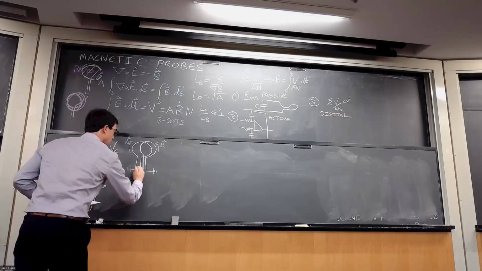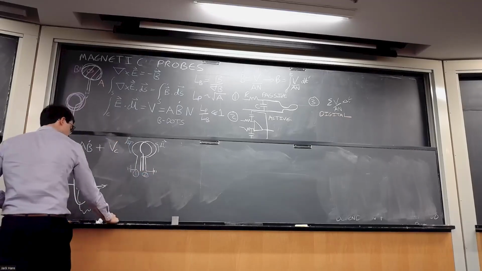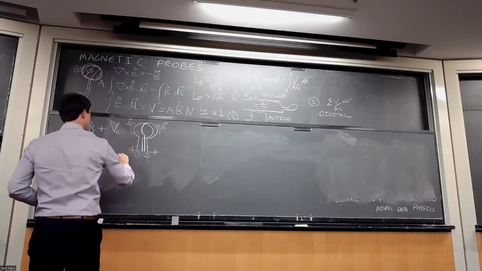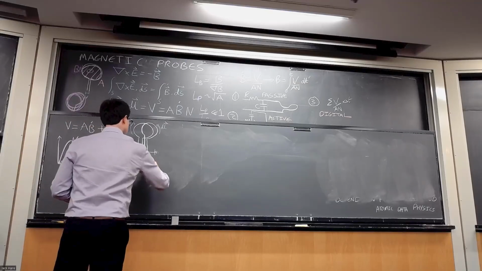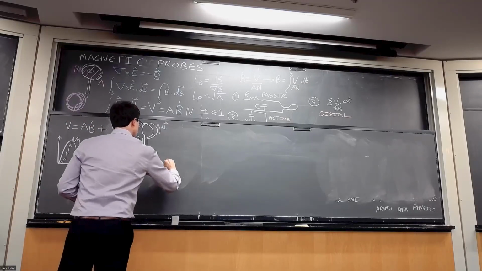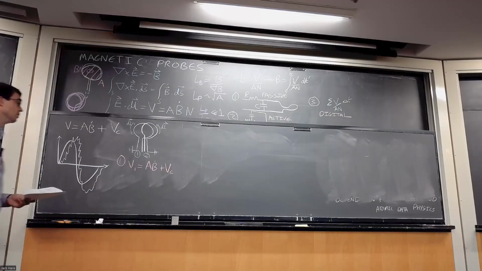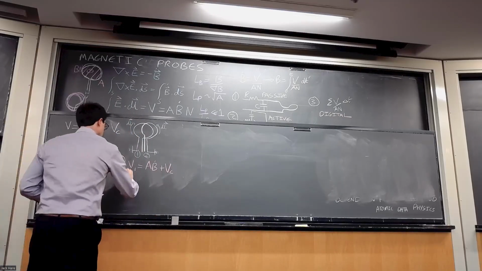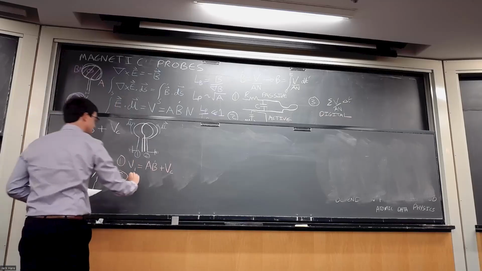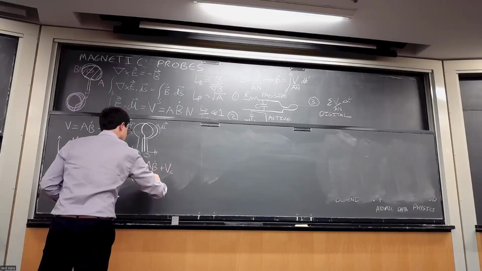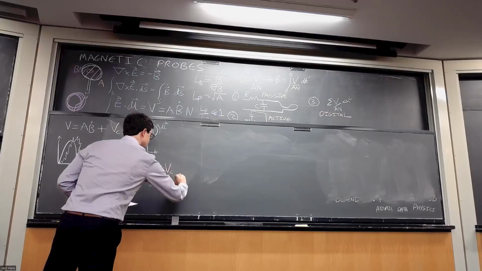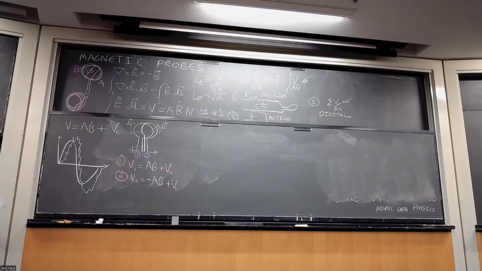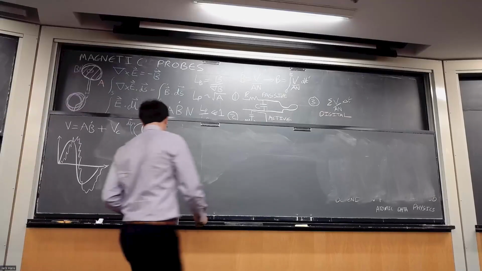So for probe 1 and probe 2, we get different voltages out. For probe 1, we're going to get a voltage that looks like V1 equals A B dot plus this capacitively coupled voltage. But for 2, the sense in which dl goes is opposite. So we get V2 equals minus A B dot plus some capacitively coupled voltage. And so we do a trick that we like doing in experimental physics, which is to make a differential measurement.